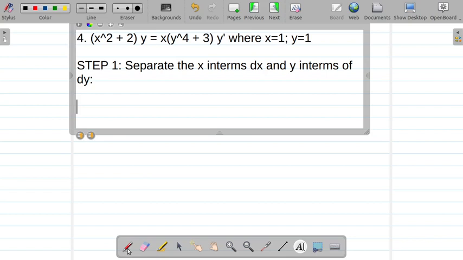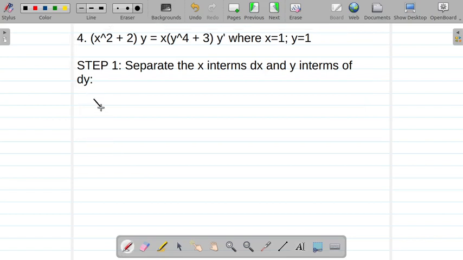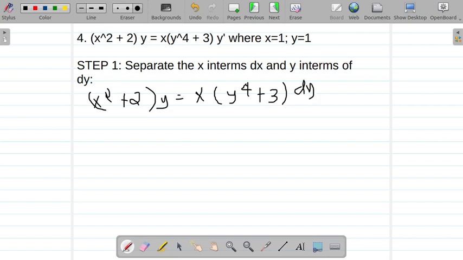So, how do we separate it? We will just write it as x squared, to make it easier, plus 2 multiplied by y is equal to x y to the power of 4 plus 3, where y prime can be written as dy over dx.